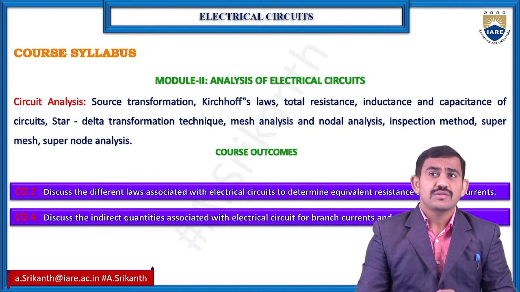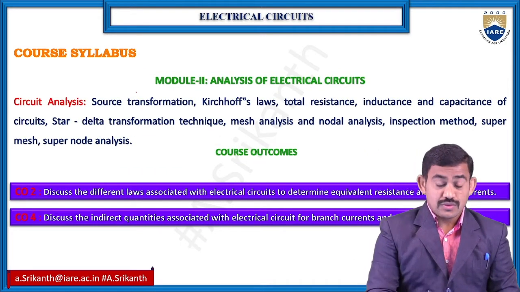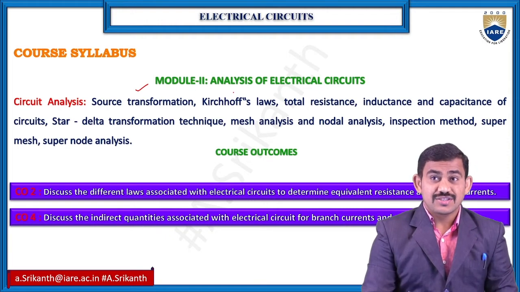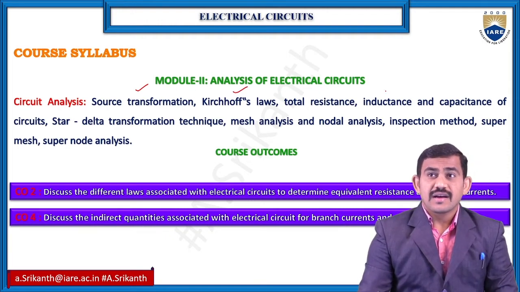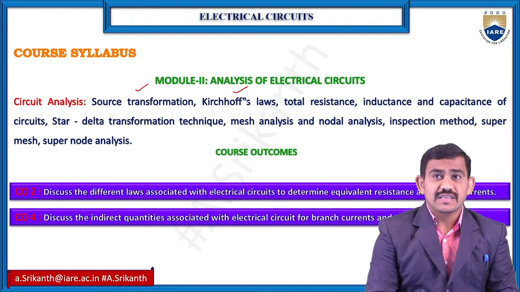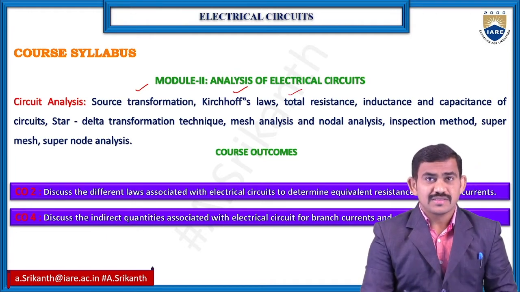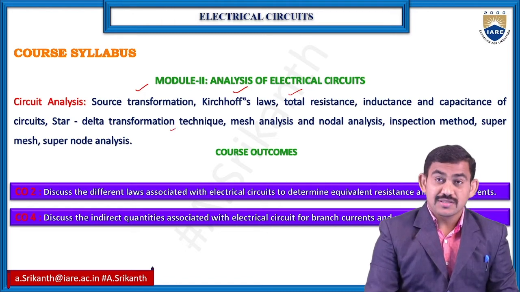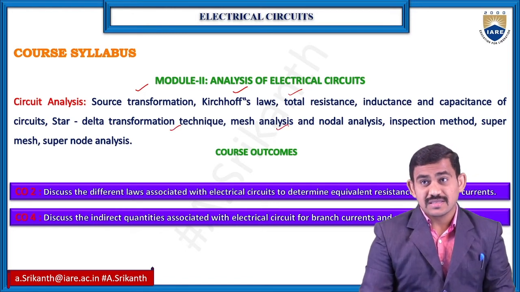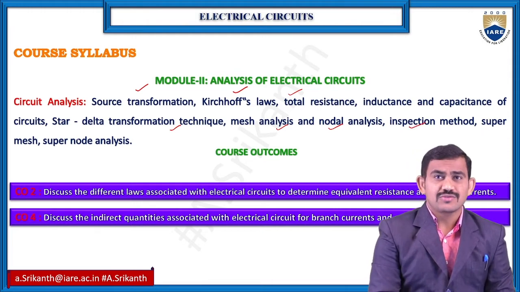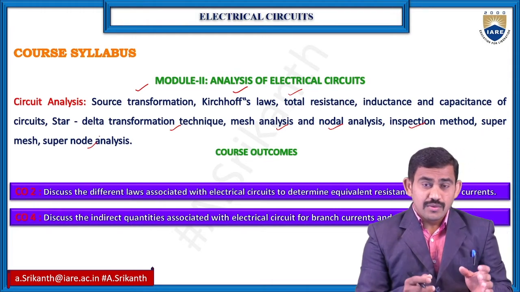Coming to the second module, we have source transformation and Kirchhoff's laws, equivalent resistance, inductance, capacitance like total passive elements, star to delta and delta to star techniques, mesh analysis, nodal analysis and inspection method, and supermesh and supernode analysis.